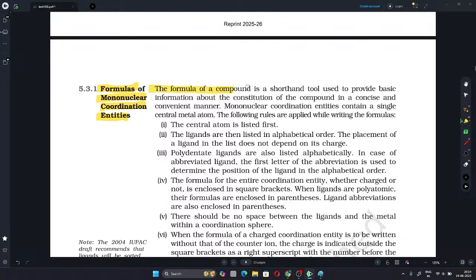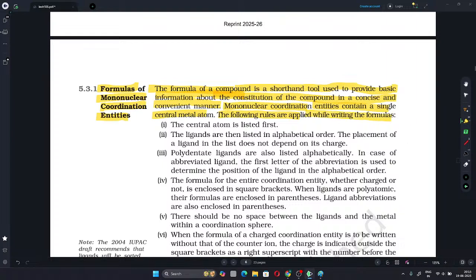The formula of a compound is a shorthand tool used to provide basic information about the constitution of the compound in a concise and convenient manner. Mononuclear coordination entities contain a single central metal ion. The following rules are applied while writing the formulas.